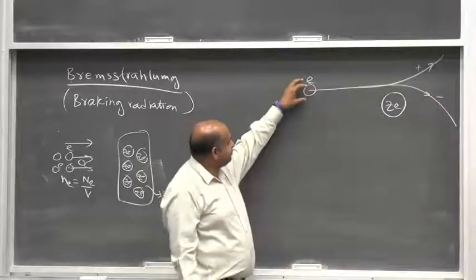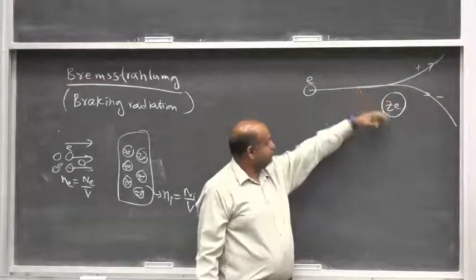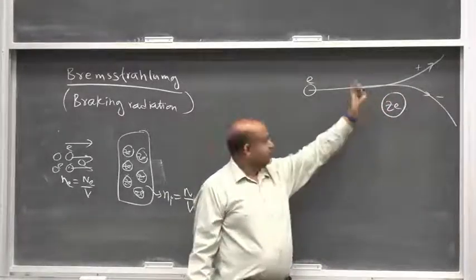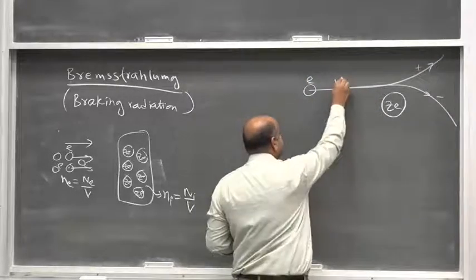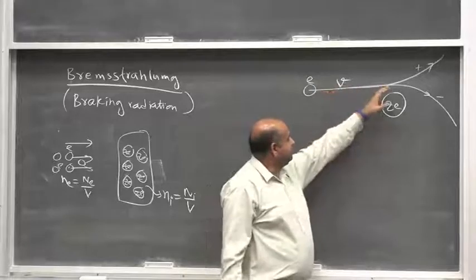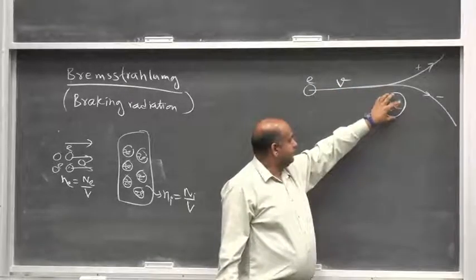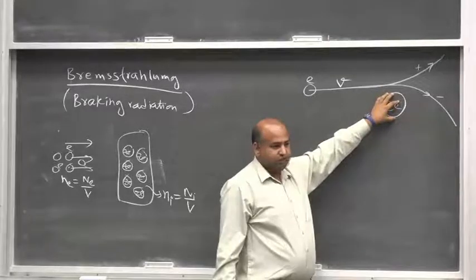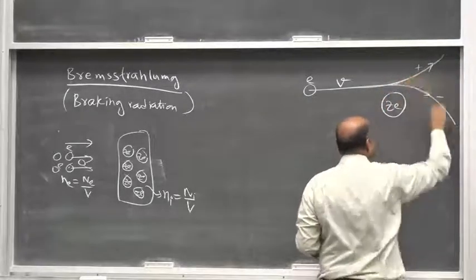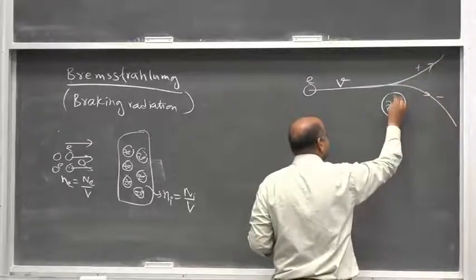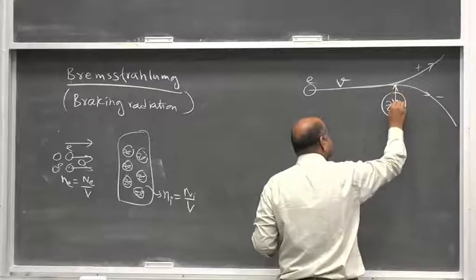So when we have a charged particle going towards another charged particle, the trajectory is usually like this. So it's coming with almost a uniform speed v, and when it reaches close to this other charge, then it's deflected either this way or that way. Or let's call this distance b.